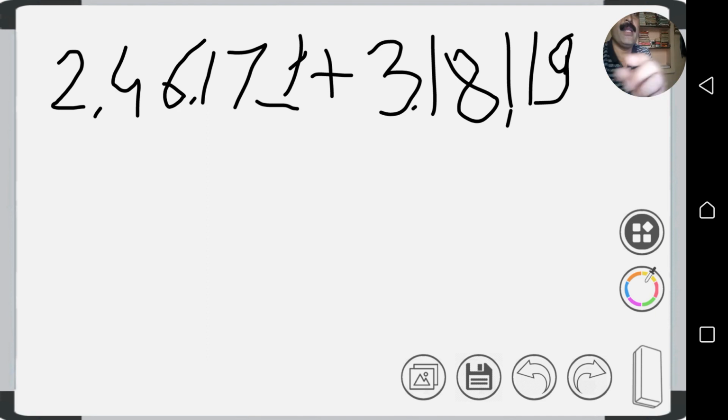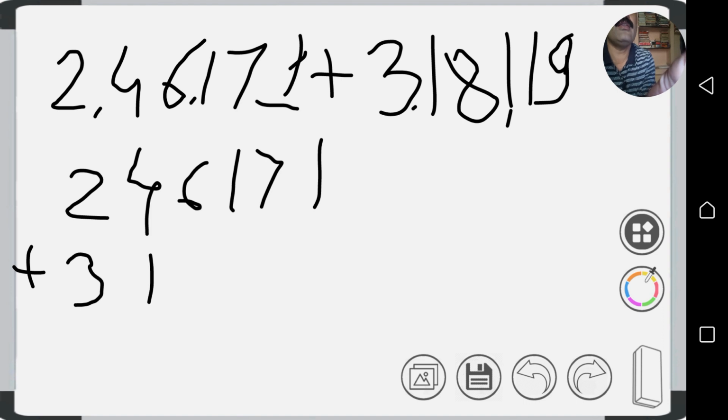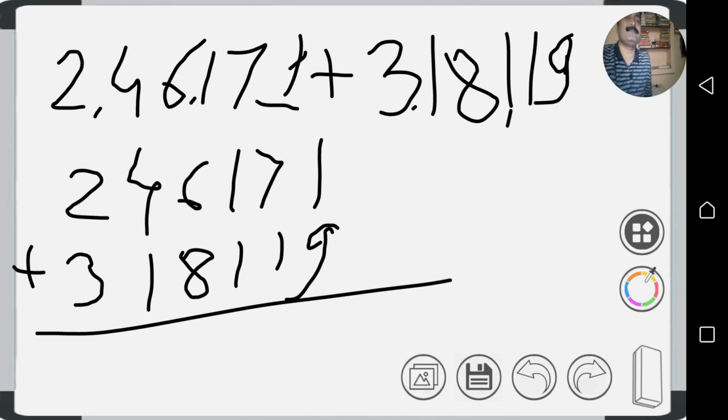So the first number I put down in this example is 2,46,171. Then take the plus sign. Second number, while arranging, 3,18,119. Then take a horizontal line.